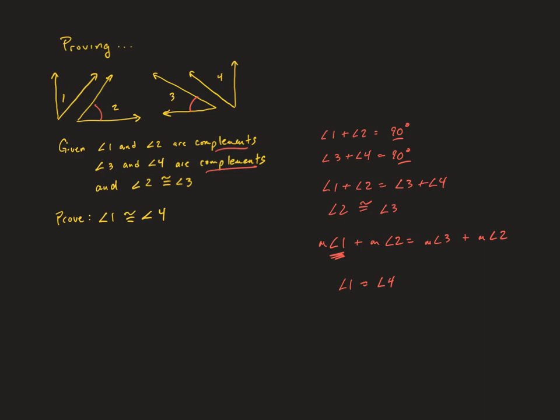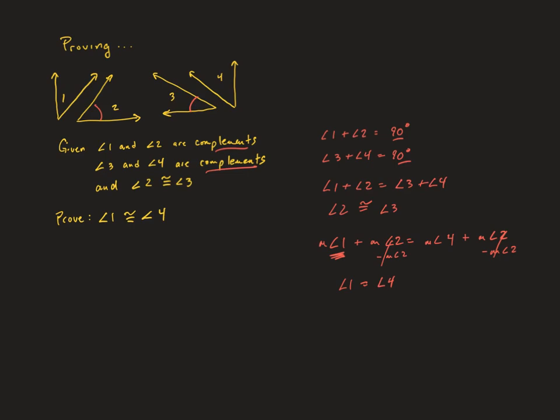And what does that mean? Well, if I subtract the measurement of angle 2 from both sides, I end up with just angle 1 is equal to angle 4. That's why we would use the subtraction property there.